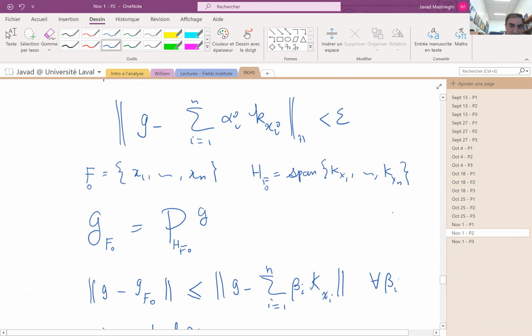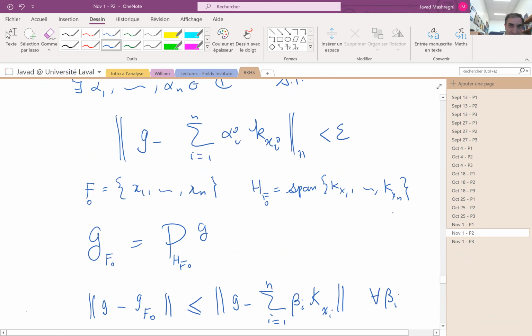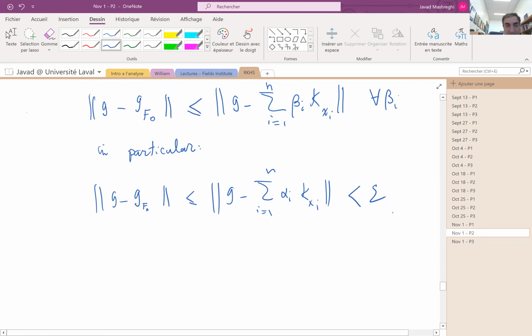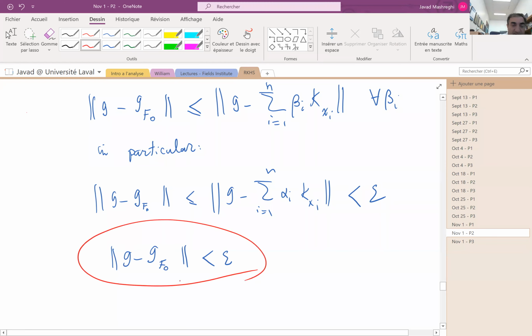So the choice here is a good choice. If I replace it by the optimal one, still it's a good one, even better, but it really doesn't matter. The good thing is that it's less than epsilon.